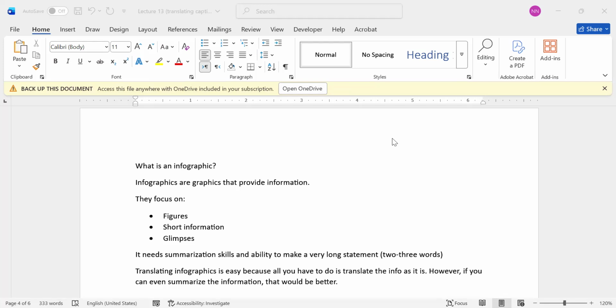So today, inshallah, we're going to talk about infographics. Infographics are basically information plus graphs. Graphs means pictures. We have a photograph, right? A graphic memory.